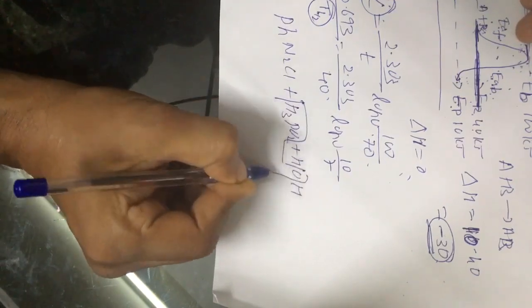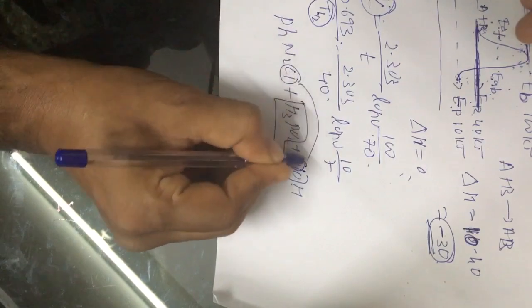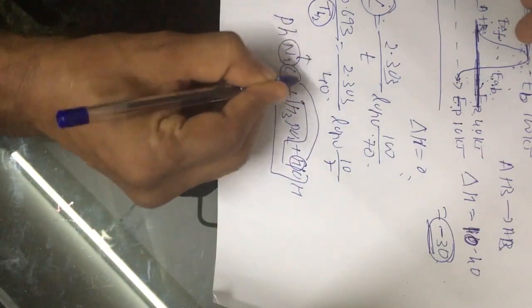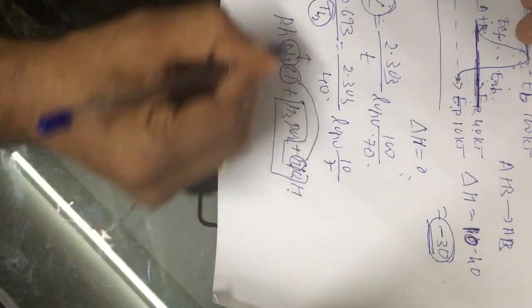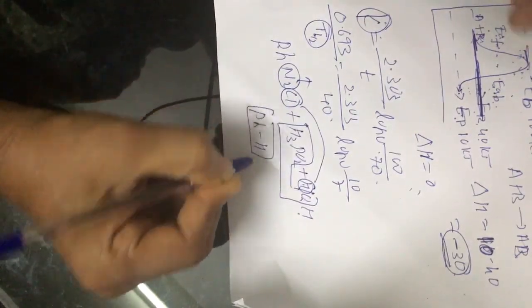H3PO2 is oxidized to H3PO3 and it reduces this benzene diazonium chloride. Nitrogen is removed, HCl is removed, and this H and OH get attached, meaning we get benzene. So this is how N2Cl can be removed, or you can use ethyl alcohol for this purpose.